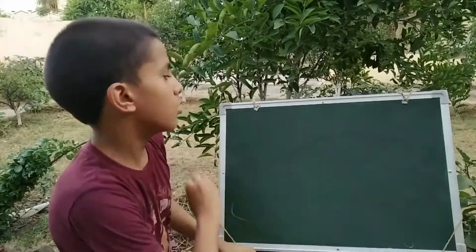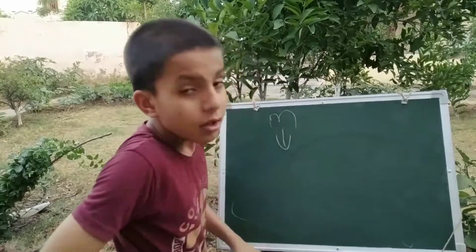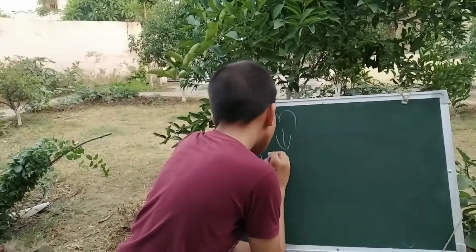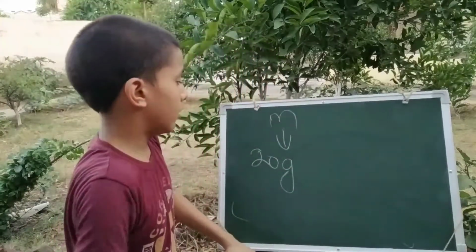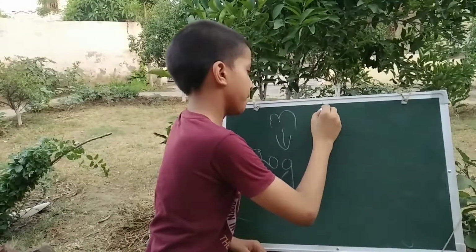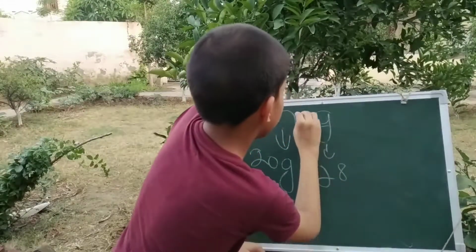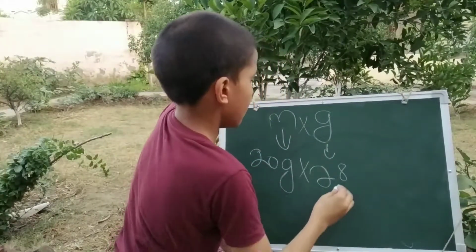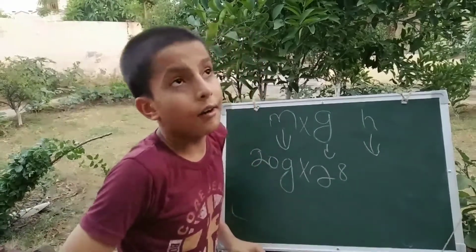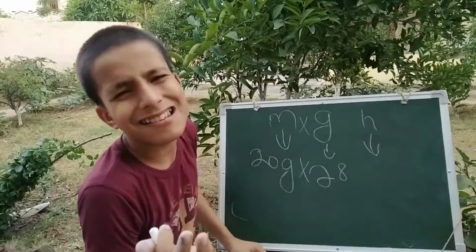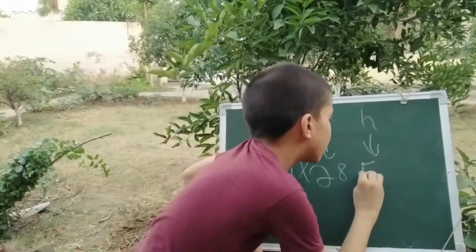So let's find out what we will do. Our mass is 20 grams, our g is 28, and the height is, yes, what is the height? I forget. Yes, 5 meters.